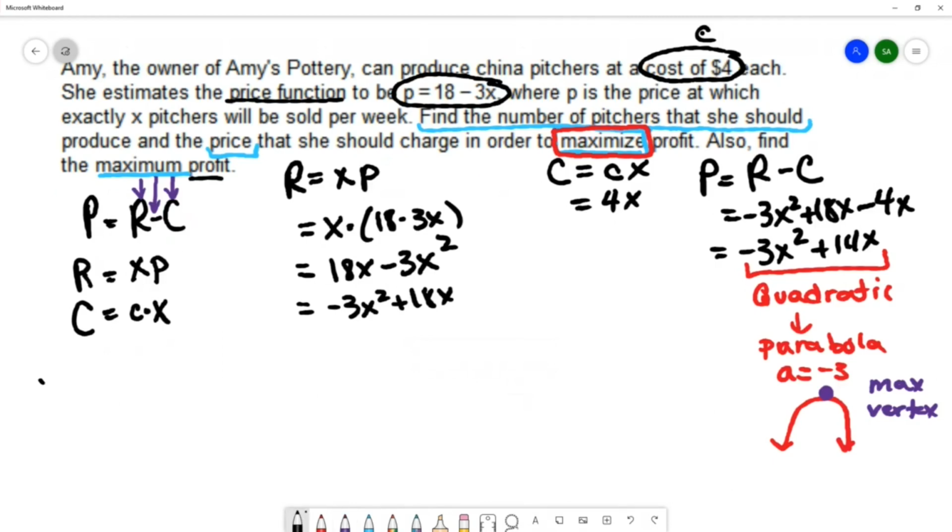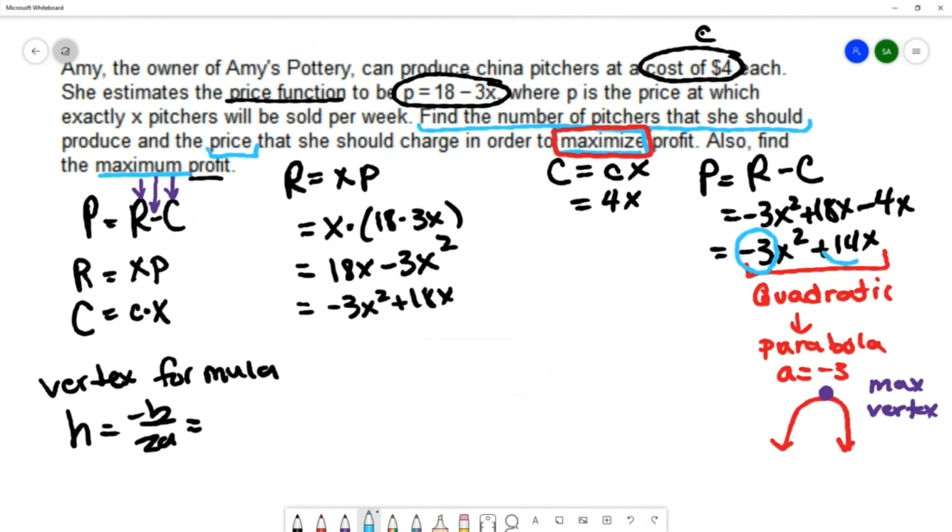So we do have a vertex formula. The vertex formula is h is equal to negative b over 2a. For our problem, a is negative 3 and b is 14. So we have negative 14 over 2 times negative 3. And this is negative 14 over negative 6, and that reduces down to 7 over 3.